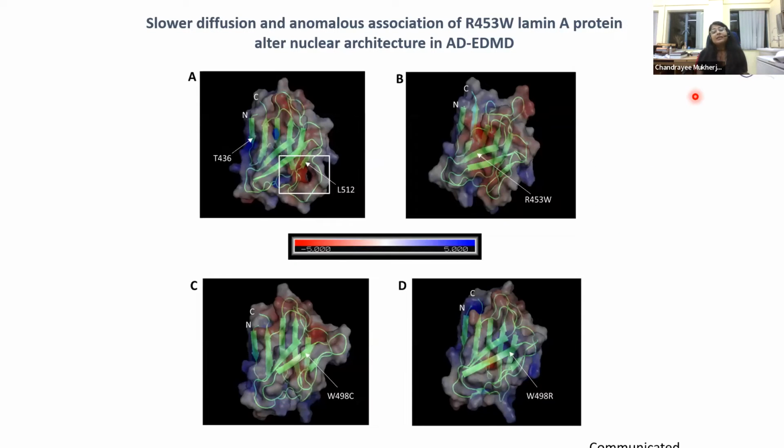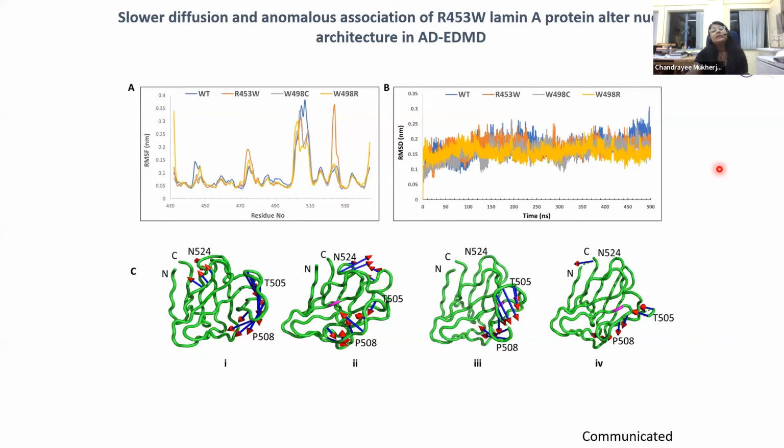So to support this observation, we conducted a molecular dynamics simulation on the IG fold domains, where we saw different electrostatic surface potentials on the mutants in comparison to the wild type. And when we wanted to study the stability of the protein, with the help of RMSD and RMSF studies, we saw that in case of R453W, in certain residues, there are fluctuations which are not noted in the other mutants.